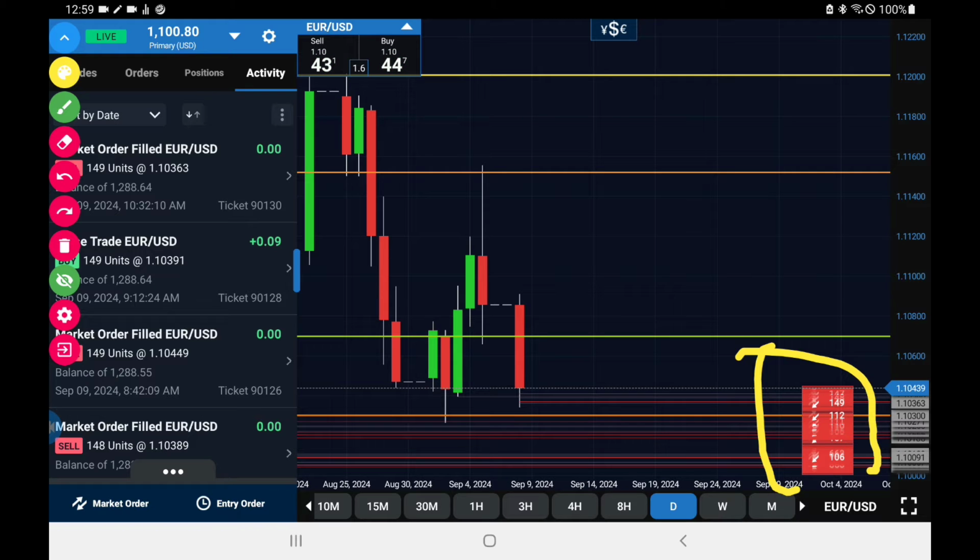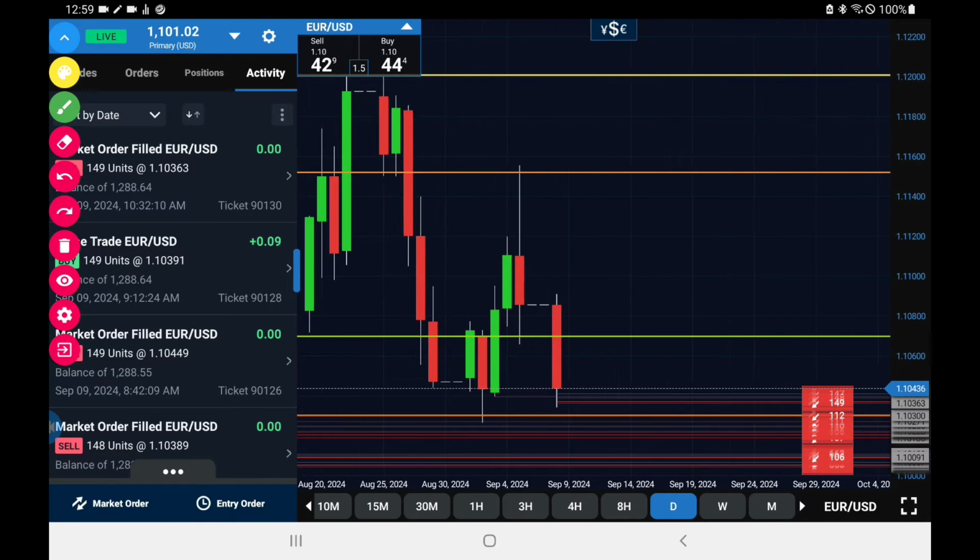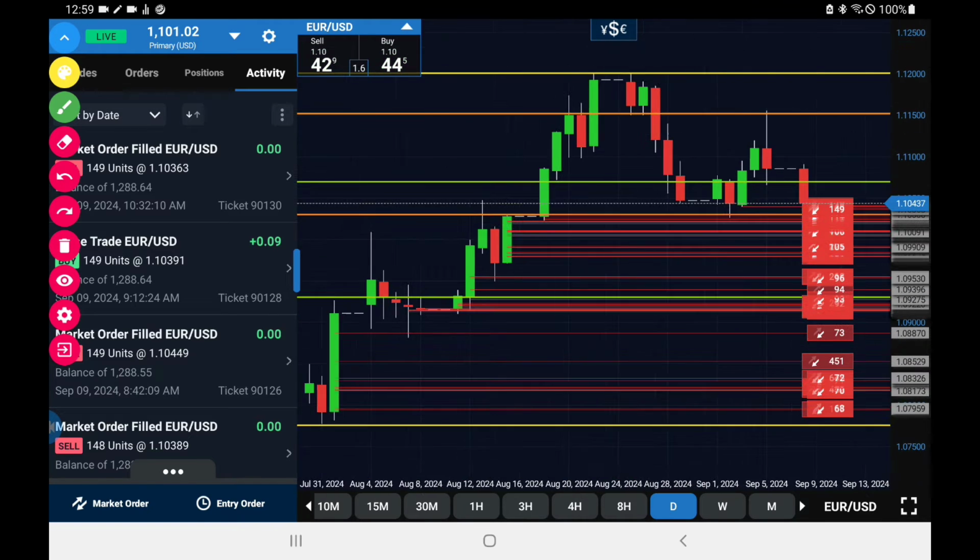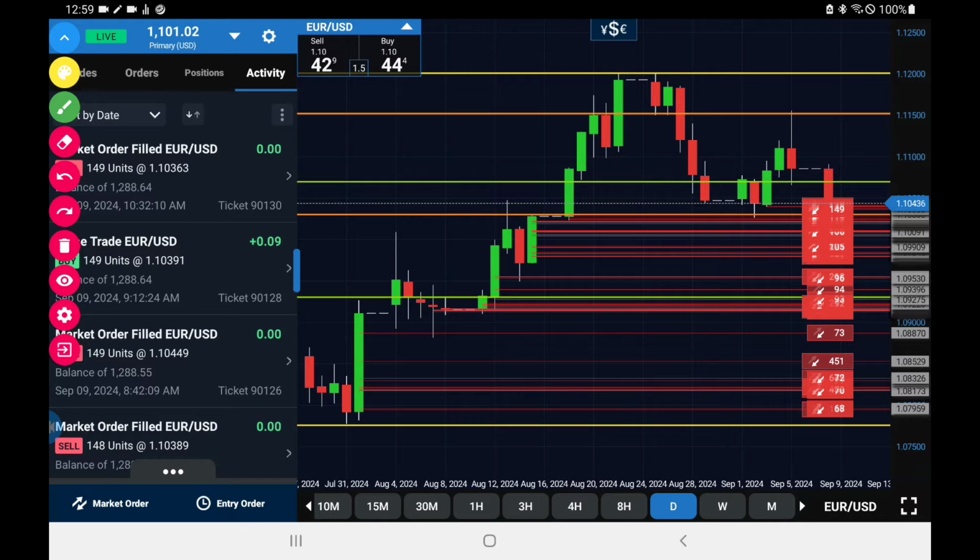But it means that I have to have a way to manage all of these orders. And that really is the biggest problem with this technique. Because if you trade a large number of orders on a large number of accounts, whether it be a real account or a demo account, it's going to take a significant amount of time to check every single order.